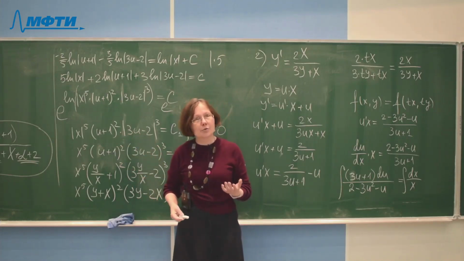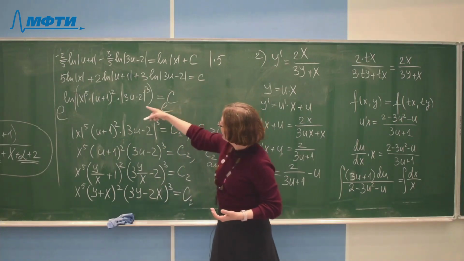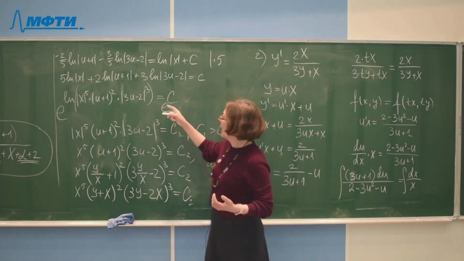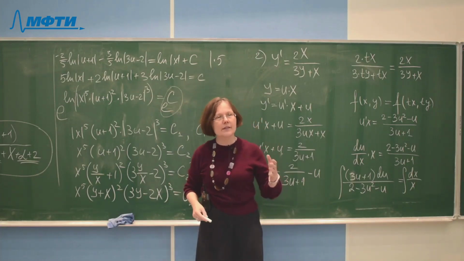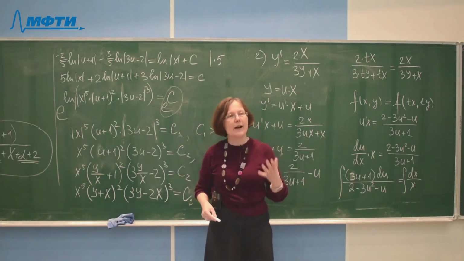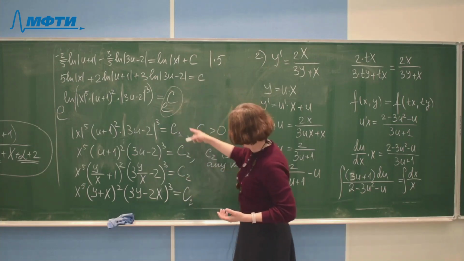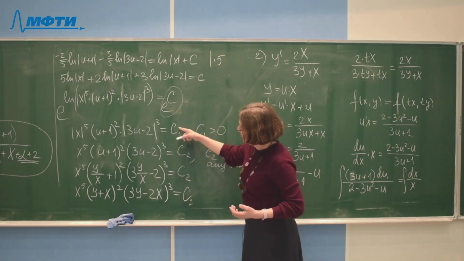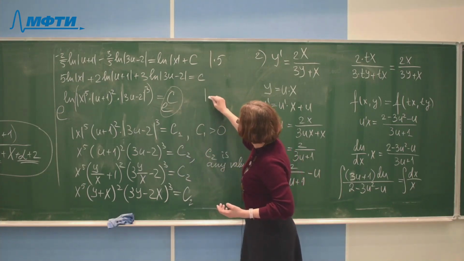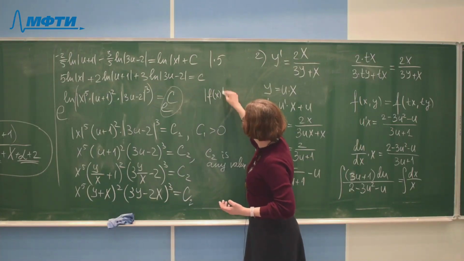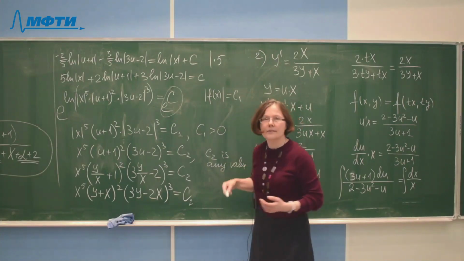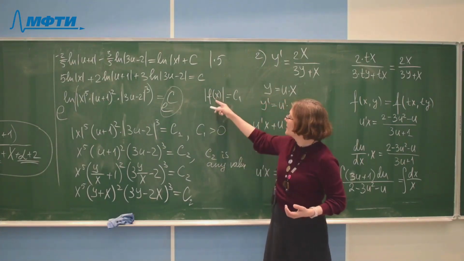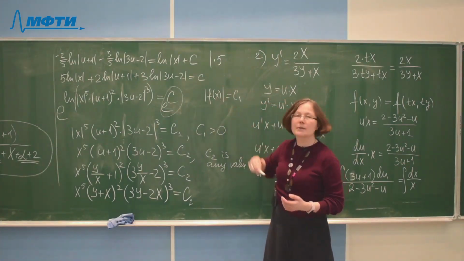So from the preceding equation we have e raised to some constant c. It is an arbitrary positive value. So right, it is c1. But if we have the absolute value of some function f of x equals a positive constant, is it possible to eliminate the absolute value?